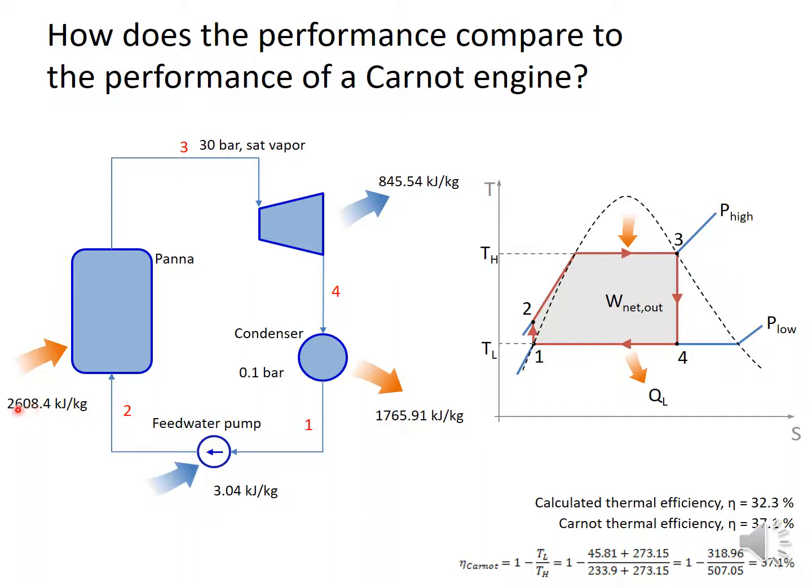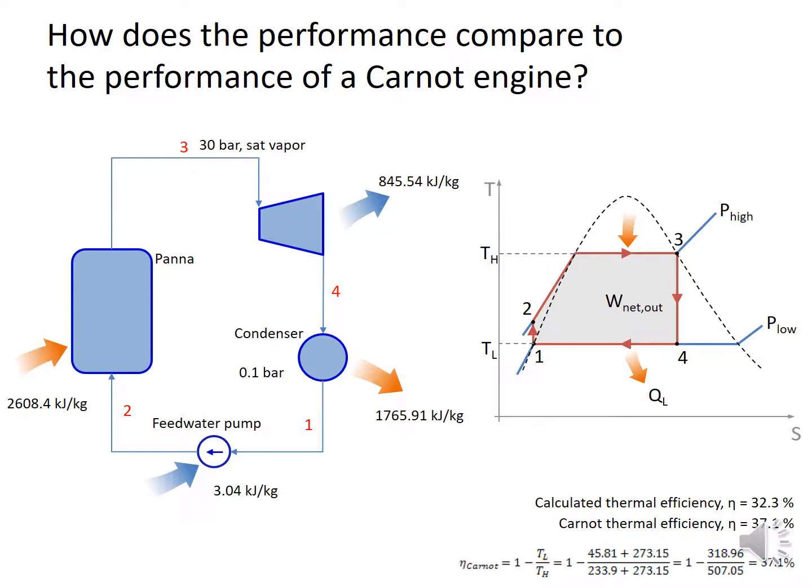The boiler, as we said before, quite a lot of energy that we put into the boiler. We are using a cycle with 30 bars of admission pressure, inlet condition basically, and it's a saturated vapor that we use. Okay, and please remember to use Kelvin when you do these calculations of the Carnot engine.